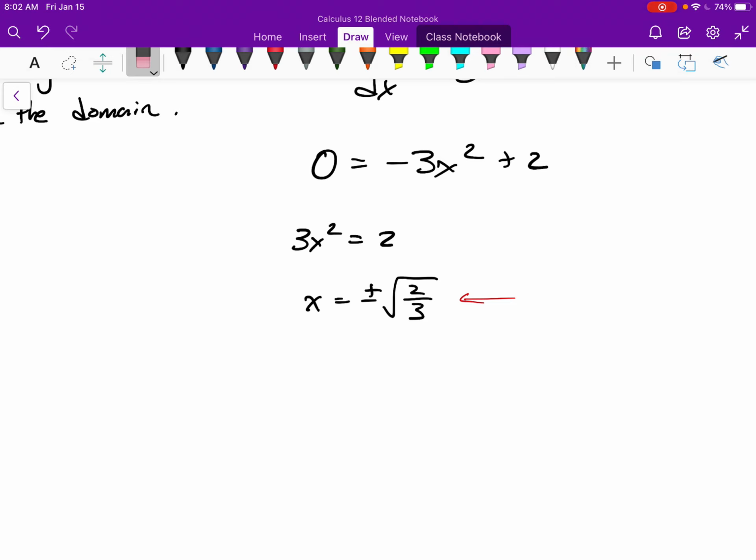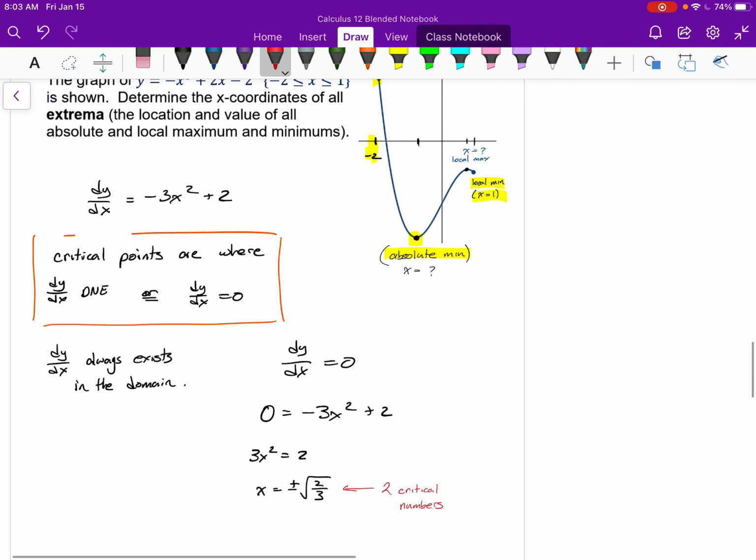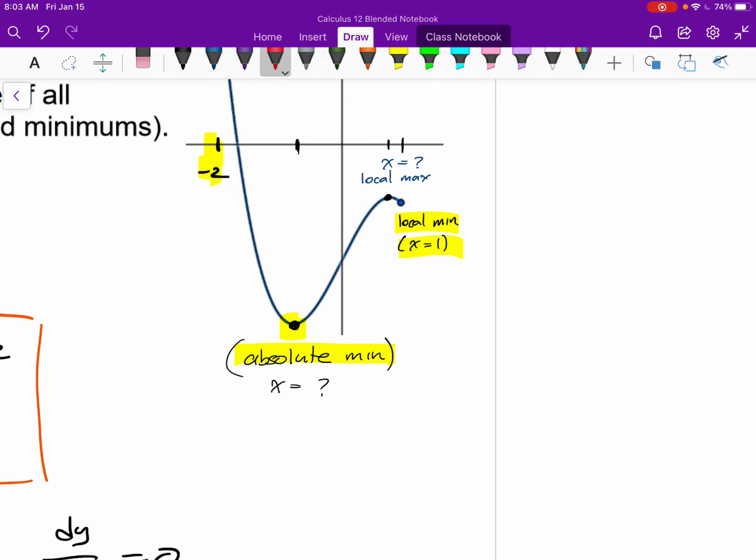Now, keep in mind, I can do that from looking at the graph. But if I didn't have the graph, I now know there are 2 critical numbers, or 2 critical points. Which means in this case, I now know the coordinates of these 2 critical points that I didn't know about before. This absolute max, I now know must be the minus root 2/3.